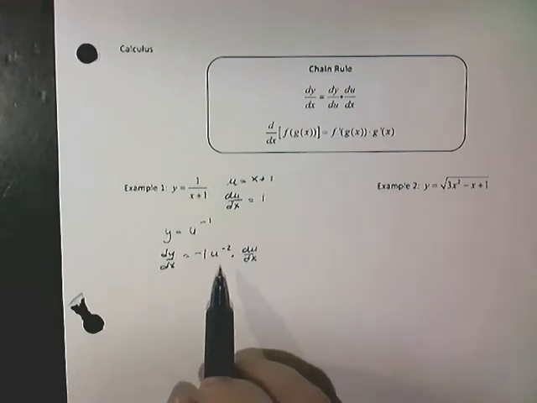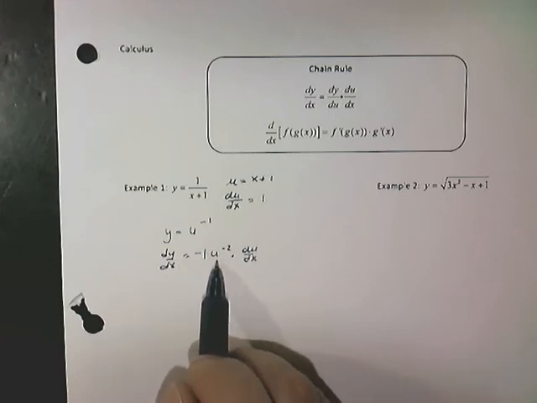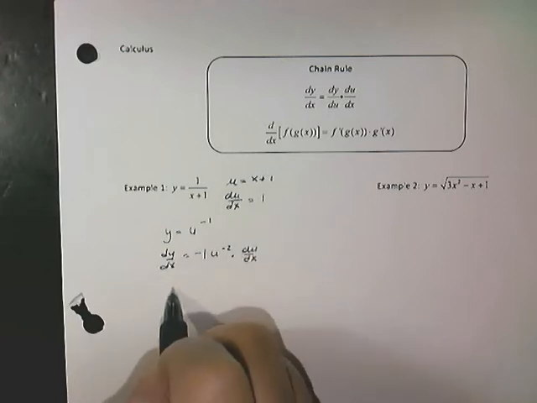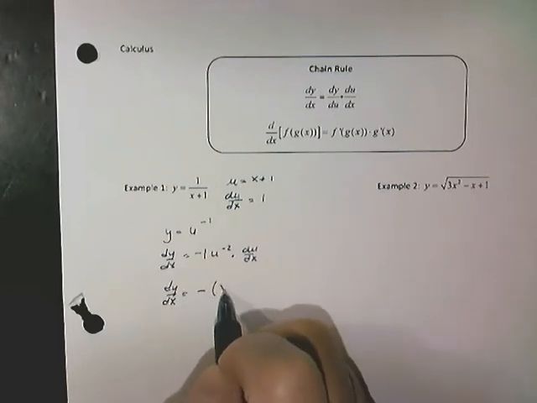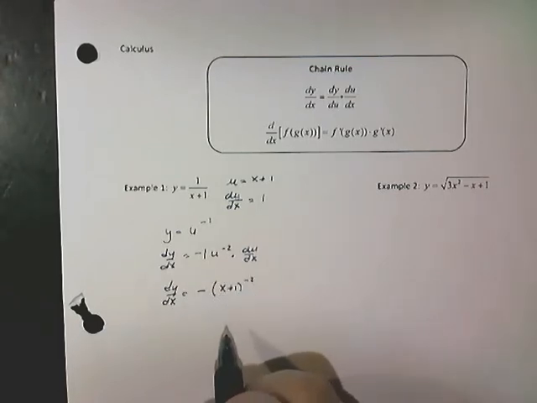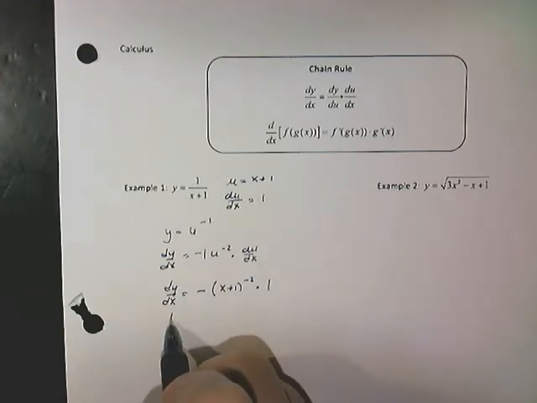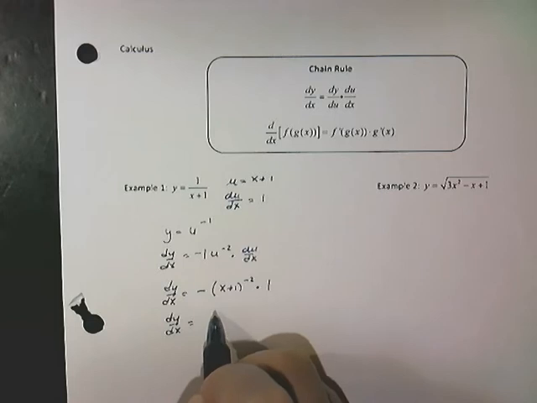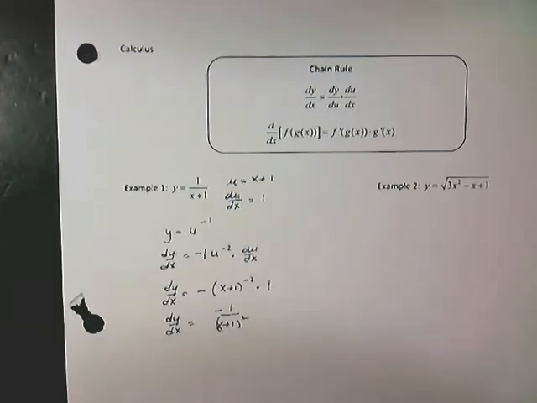This is when I can go back and replace u. Once I've taken the derivative, I can go back and replace u with what I have up here. So dy/dx is equal to negative (x plus 1) to the negative 2 times 1. So dy/dx is equal to negative 1 over (x plus 1) squared.